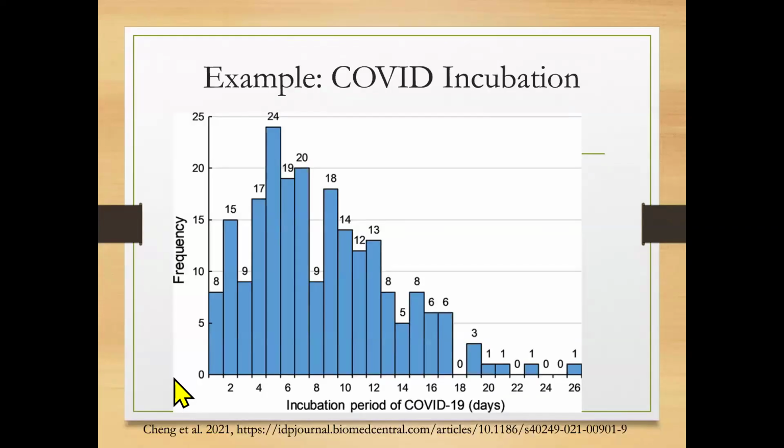All right, so here is a different example of COVID incubation times. This is from a 2021 paper, and across the x-axis we have days, how many days it took for the virus to incubate. That is, between the time a person was infected and the time they came down with symptoms.